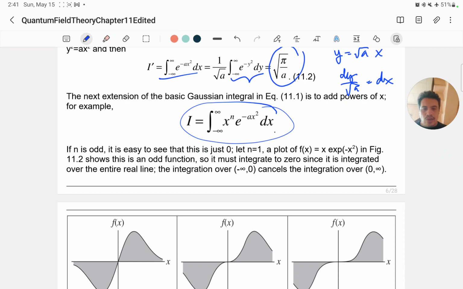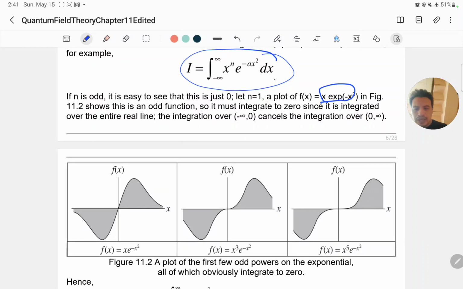But for n equals odd, for n equals 1, for example, then you would have this function. And so that function would be looking like this. And for n equals 3, the function would look like this.